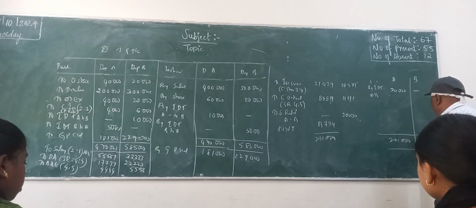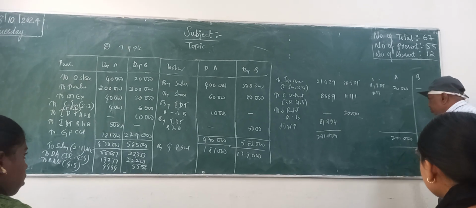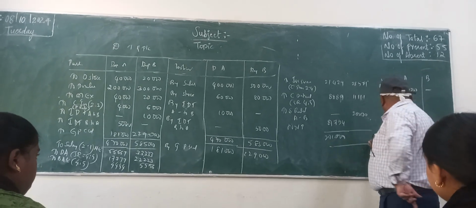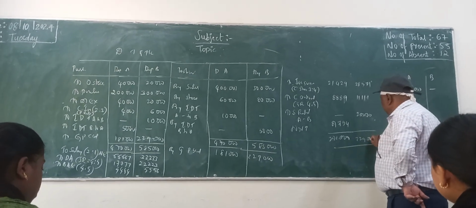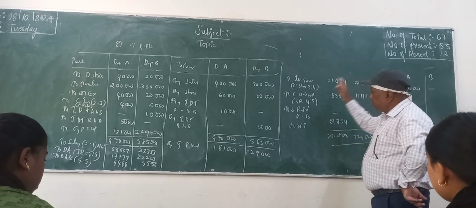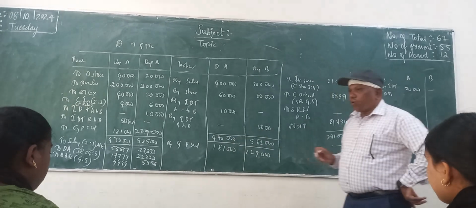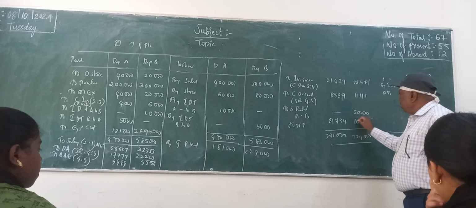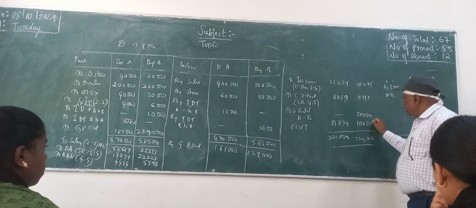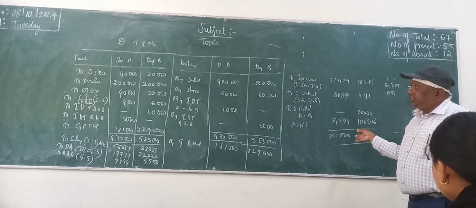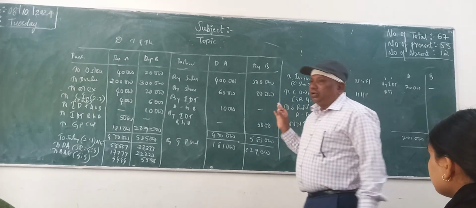So same here also, profit position, right? 2,29,000. So subtract this all now. 1,08,000.